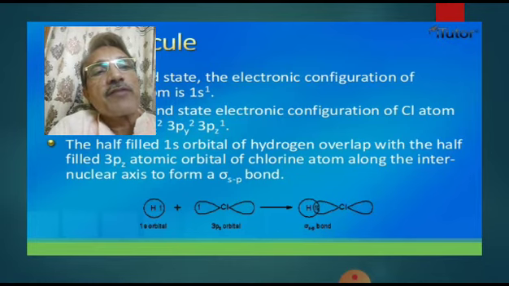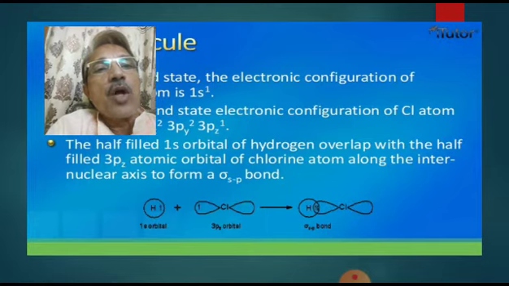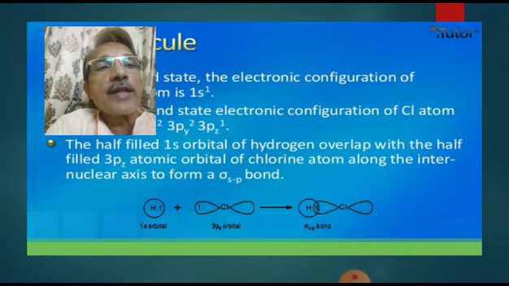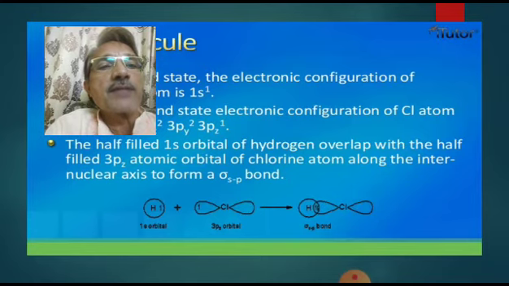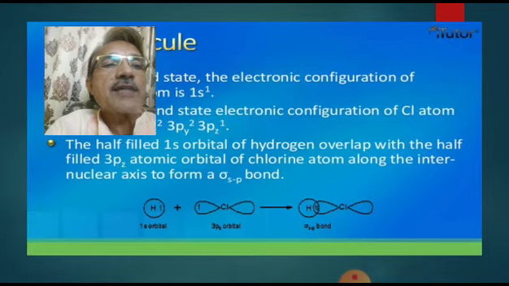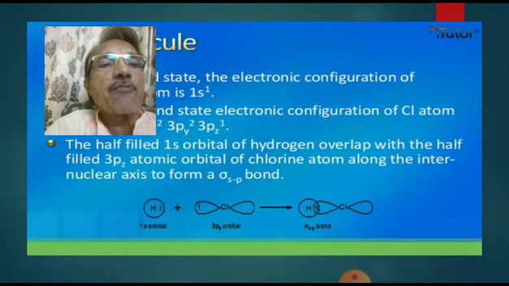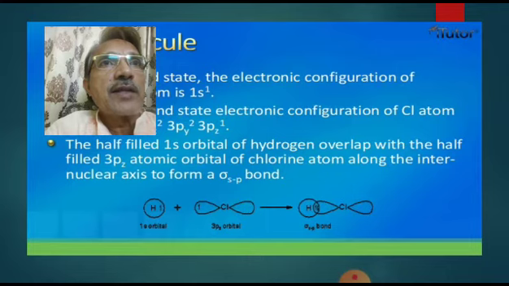During the formation of HCl molecule, the 1s orbital of hydrogen atom overlaps along the internuclear axis with the 3pz orbital of Cl atom, forming a sigma molecular orbital. Here the extent of overlap between a spherical shaped s orbital and a dumbbell shaped p orbital is somewhat greater than the overlap between two spherical shaped s orbitals.